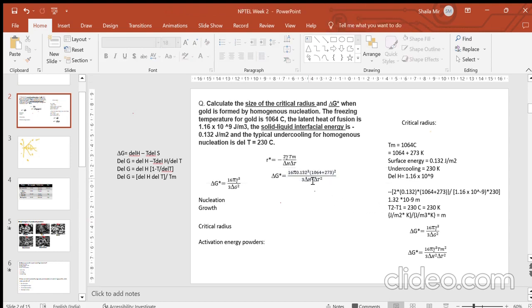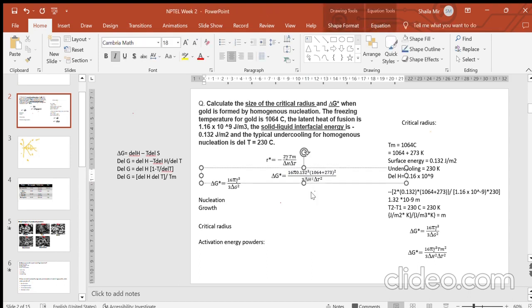You plug in the value for delta H now. The delta H value will be 1.16 into 10 to the power 9 times the square of this, and the undercooling, that is 230 squared.